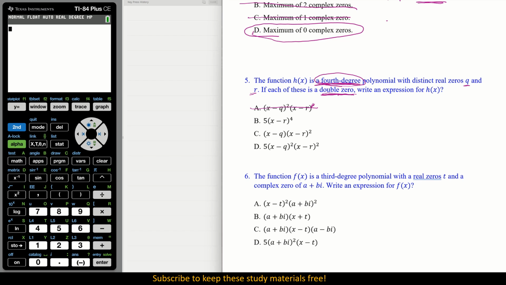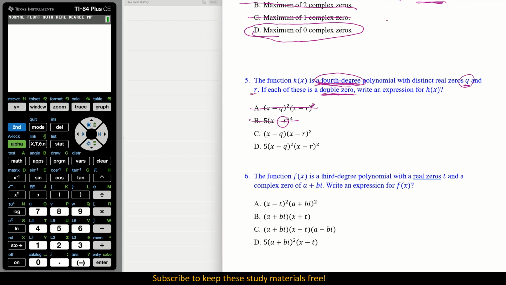So let's look at B. That isn't going to work because all they gave us was R. And it says each of these is a double zero. So we know we're going to have two doubles, 2 parentheses each being squared. And what happened to our Q? We have to have Q and R. So this isn't valid. Let's look at C.